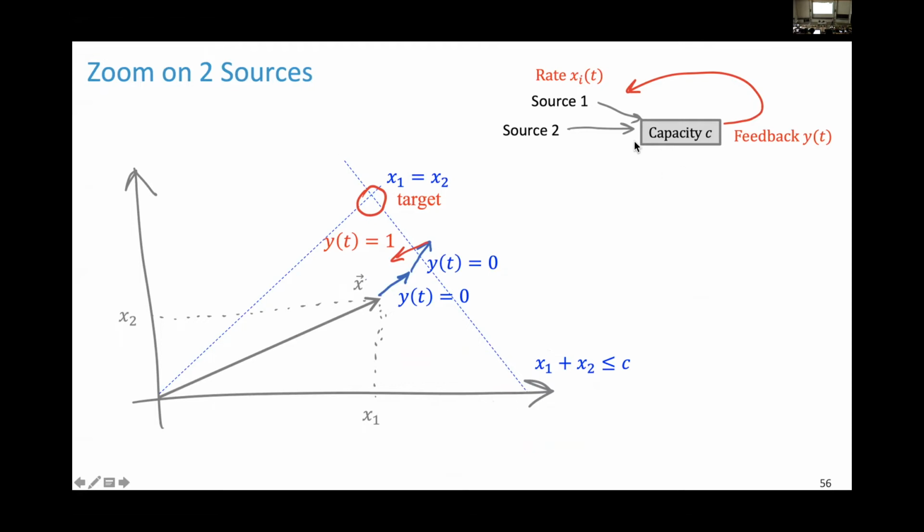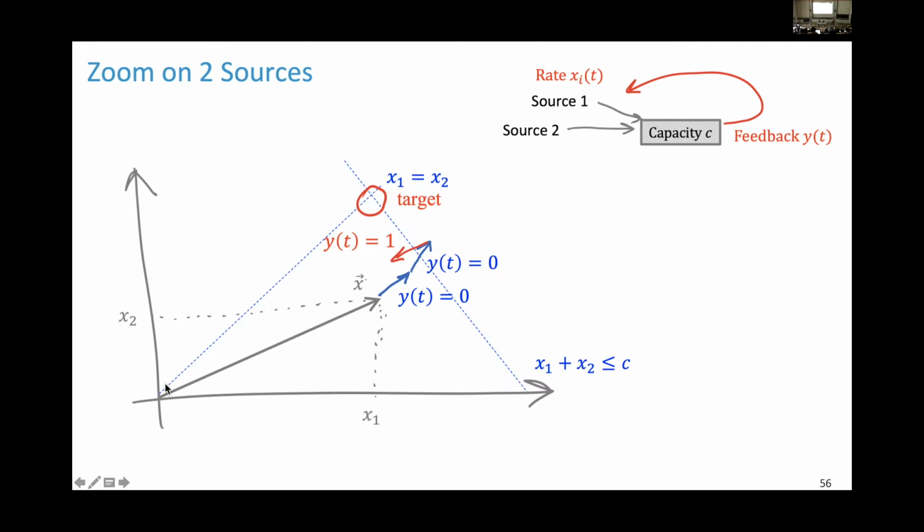So we have a link with capacity C. Therefore, the aggregate submitted rate to this link should be below the capacity C. That gives me this line. So any feasible solution is below this line. And if I want to be maximally efficient, I should be on the boundary of this line. What is fairness in this example? As I said, equality is a fairness, since it's a very simple example.